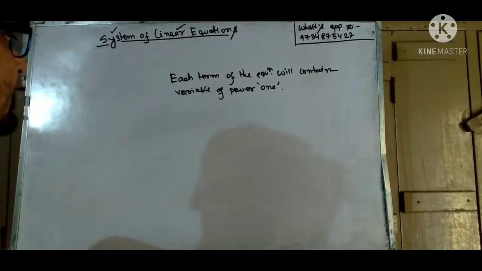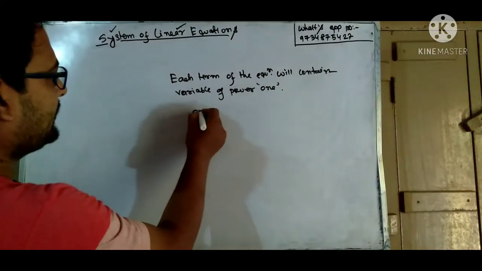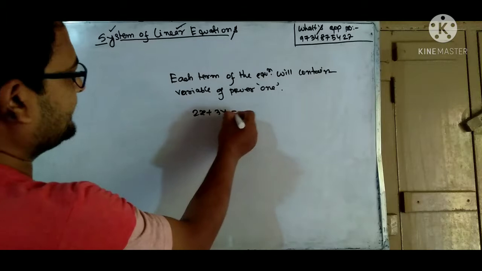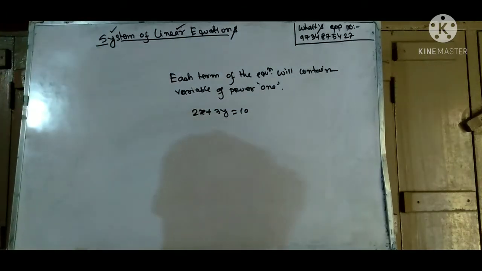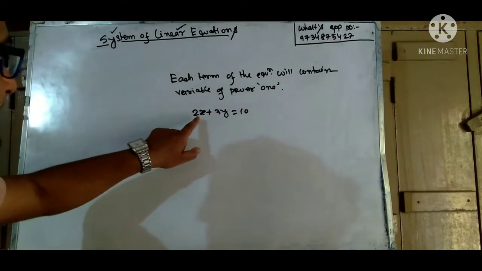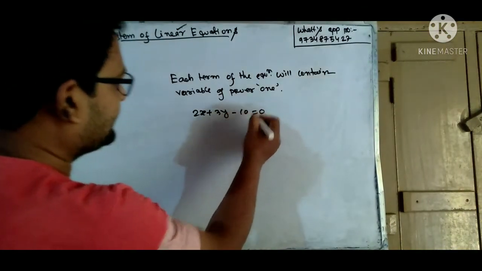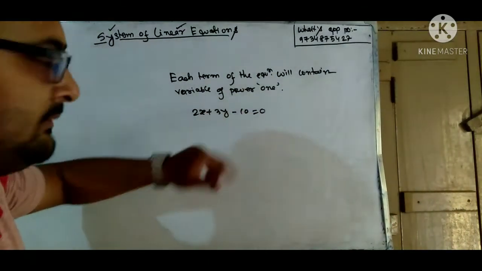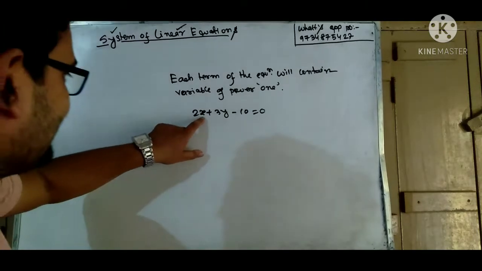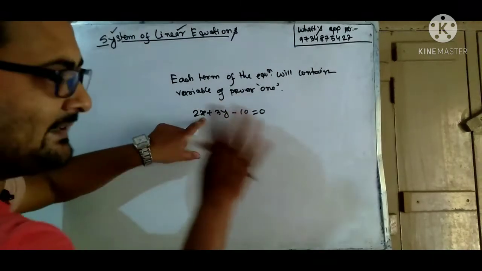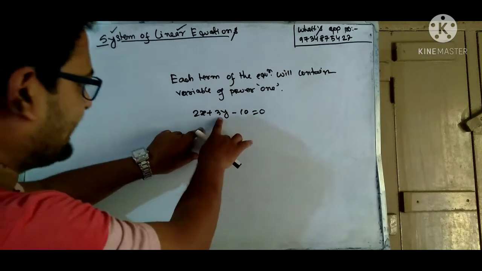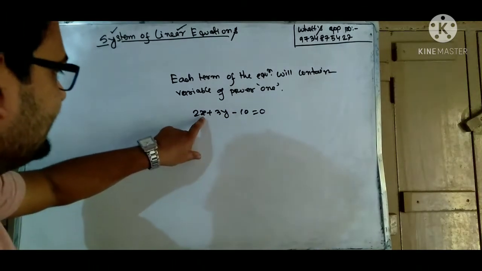For an example, if we take 2x plus 3y is equal to 10, or if we take 2x plus 3y minus 10 equals to 0, both are the same. The equation has three terms: first term, second term and third term.